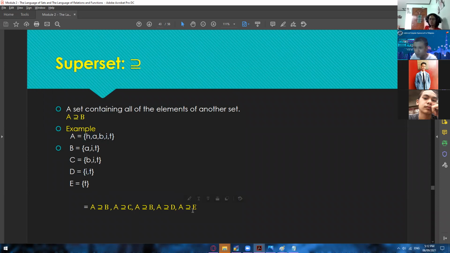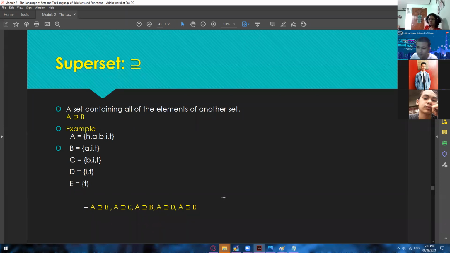A is a superset of E is also true because all of the elements of E can be found in A. Or you can also add D is the superset of E, since all of the elements of E can be found in D.